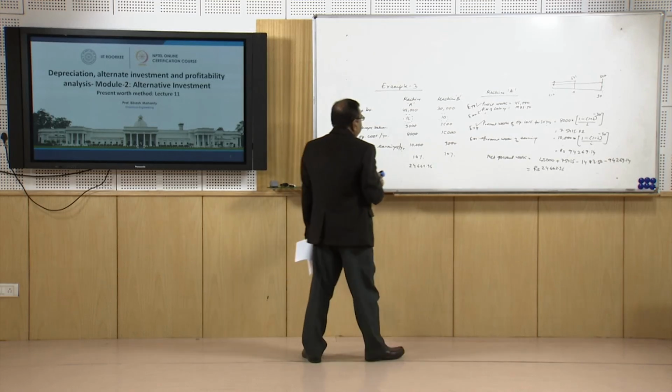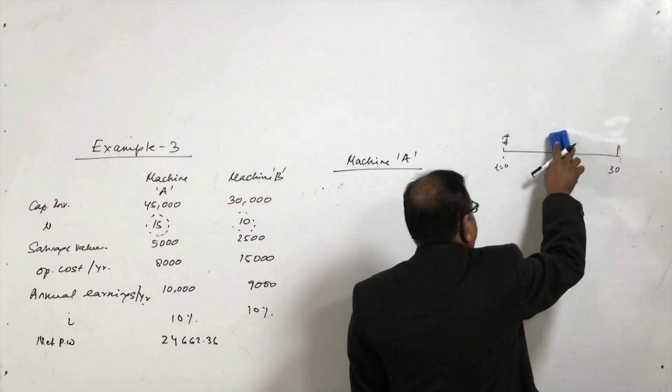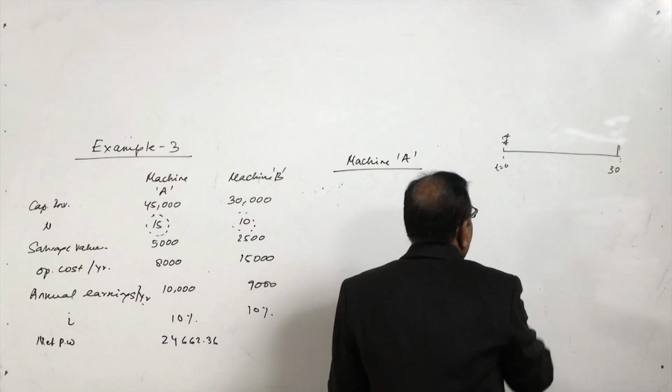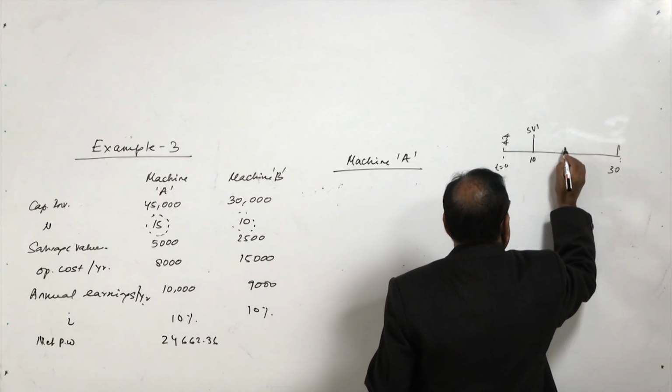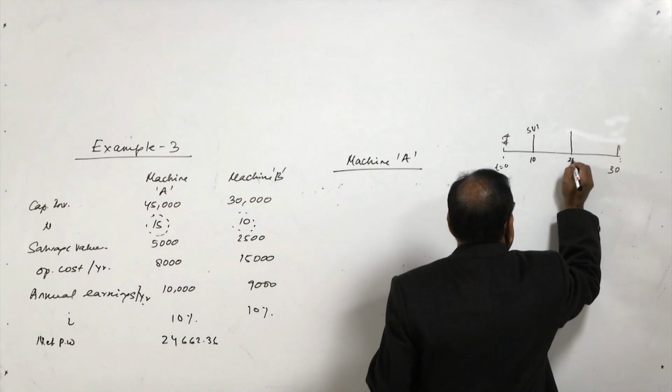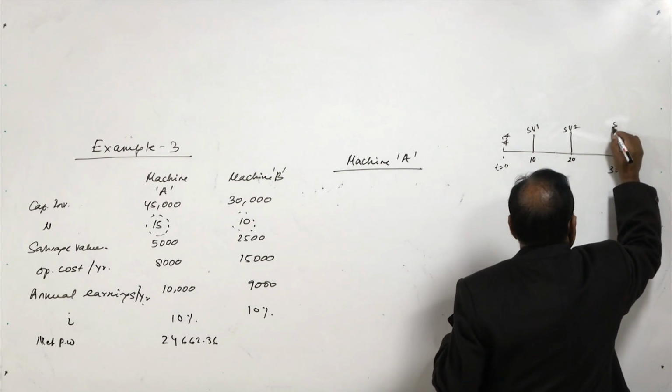Similarly, if I calculate for machine B, the salvage values will be at year 10, SB1, year 20, SB2, and year 30, SB3.